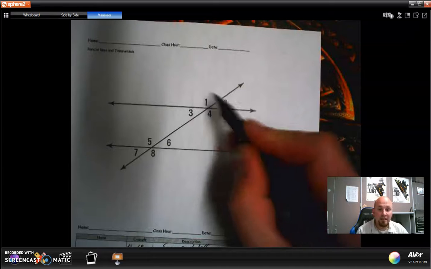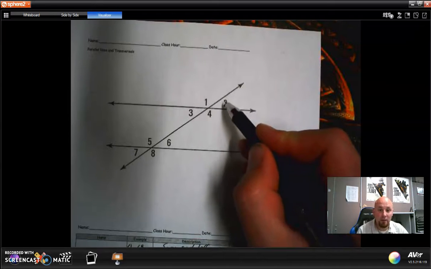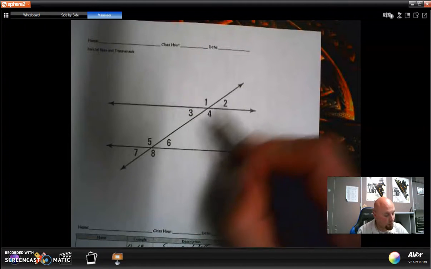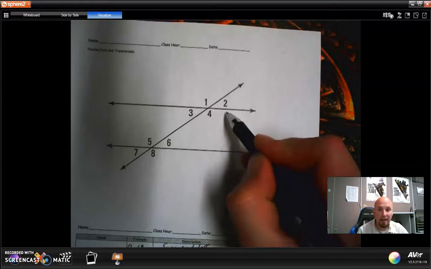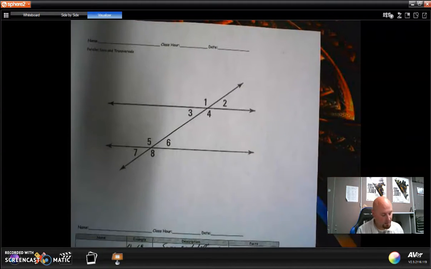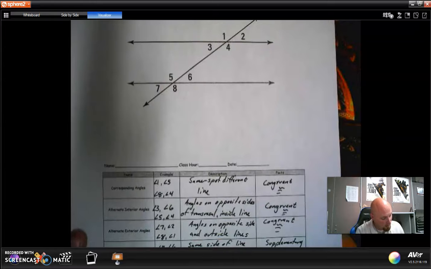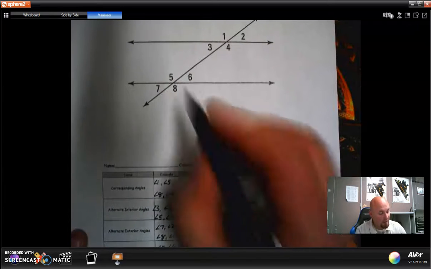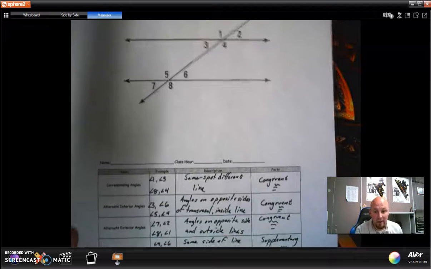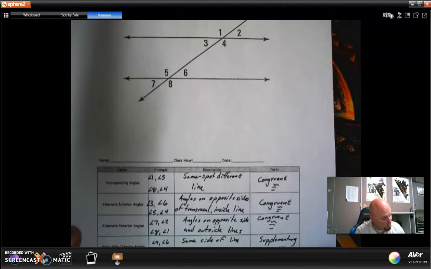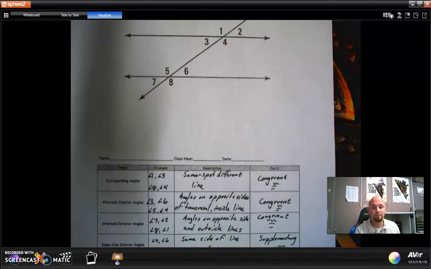Angle 1 and 2 are supplementary, meaning they add up to 180, and they're a linear pair. 3 and 4 are linear pairs as well, because they share this line and they add up to 180 degrees. Okay, so angle 1 and angle 2, angles 5 and 6, there's lots of them, are also linear pairs, and they add up to 180 degrees.